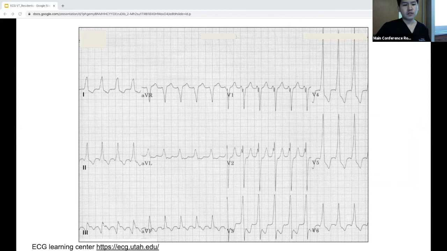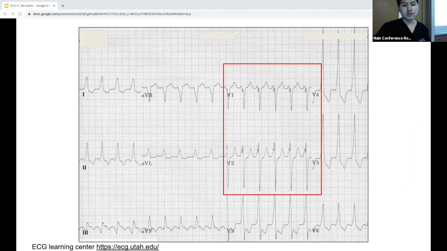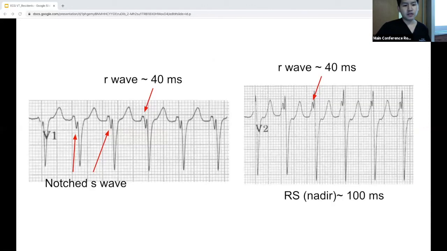Here's an EKG of VTAC with left bundle branch like morphology. You can appreciate the kind of fat R wave, which is about 1 small box, which is about 40 milliseconds wide. And you can see the notched S waves here, which is almost diagnostic of VTAC.